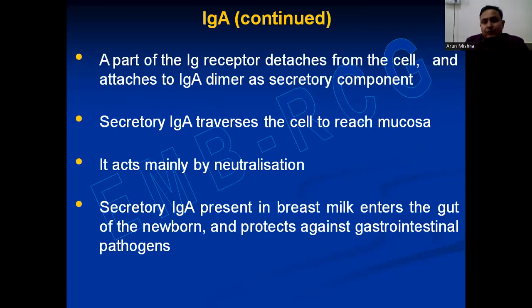A part of the Ig receptor detaches from the cell and attaches to the IgA dimer as the secretory component. Secretory IgA transfers across the cell to reach the mucosa, where it acts mainly by neutralization. Secretory IgA is present in breast milk, which enters the gut of the newborn and protects against gastrointestinal pathogens.